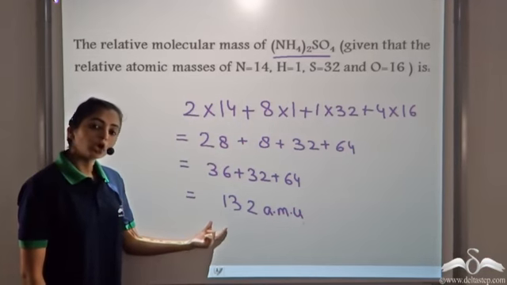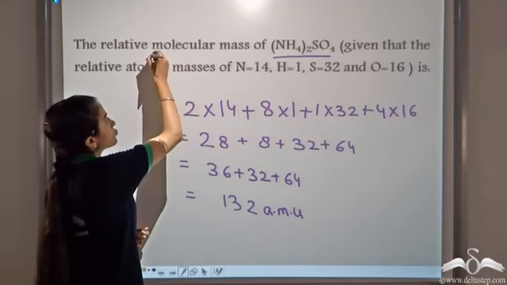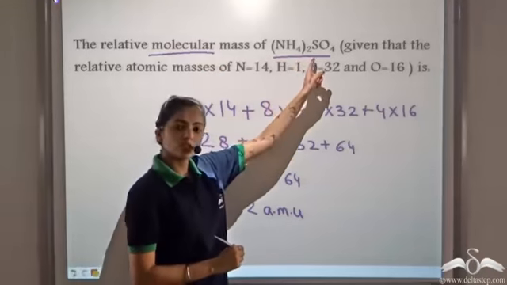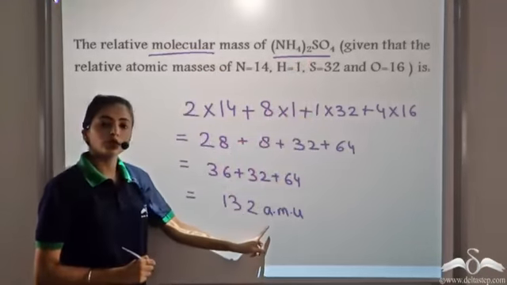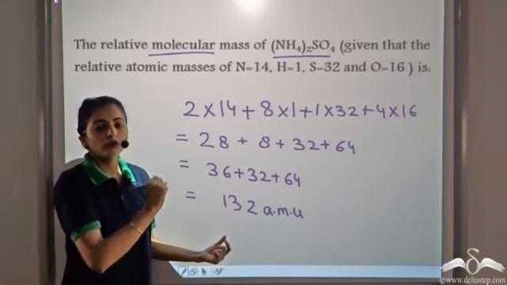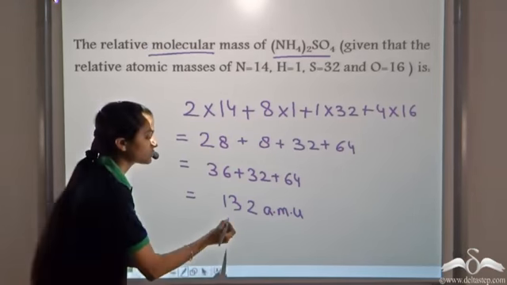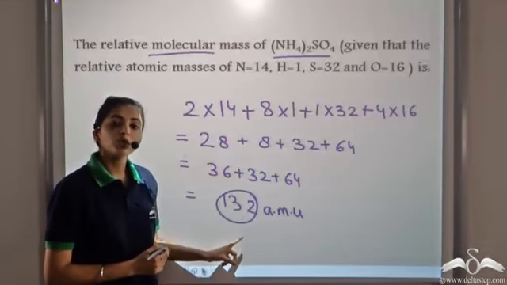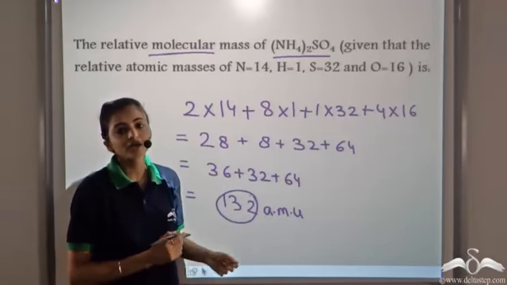So the relative molecular mass of one molecule of (NH4)2SO4 is 132 atomic mass unit. This shows that one molecule of (NH4)2SO4 is 132 times as heavy as compared to 1/12 the mass of one carbon-12 atom.